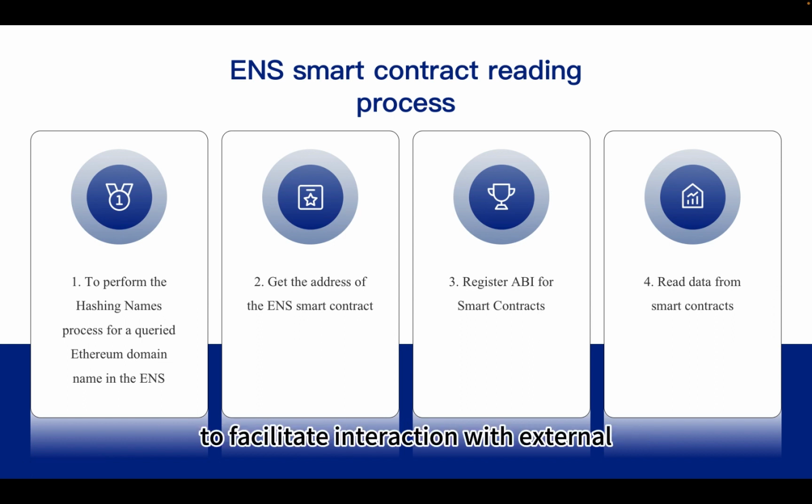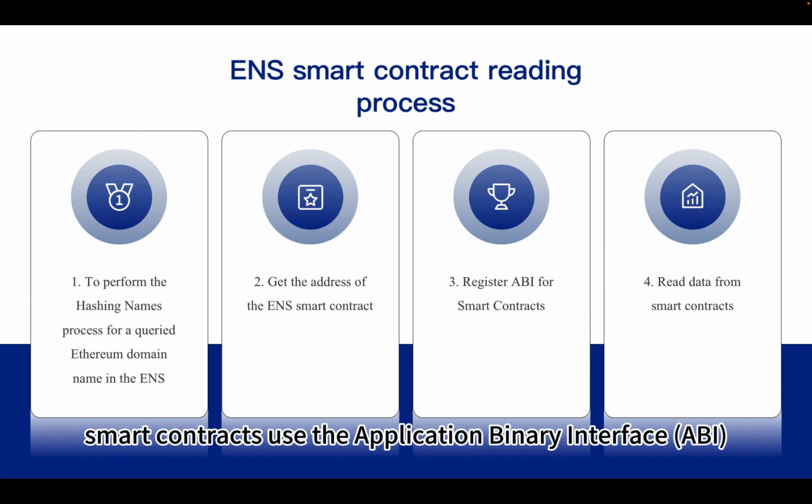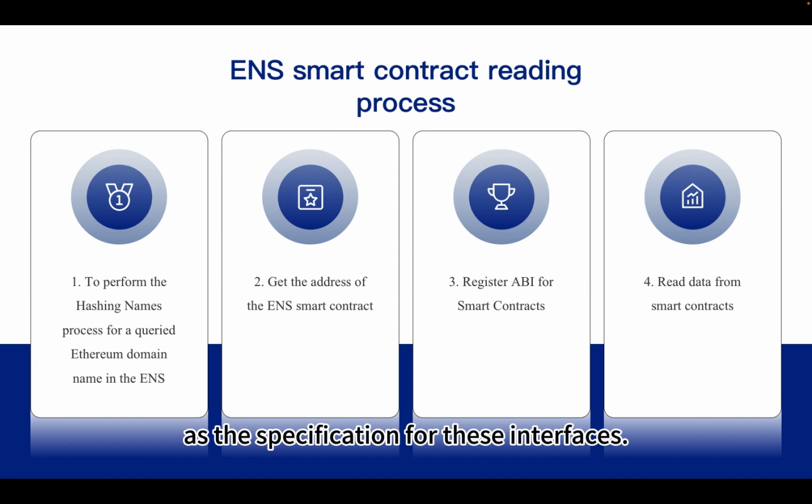To facilitate interaction with external applications, smart contracts need to define an interface. On Ethereum, smart contracts use the application binary interface as the specification for this interface. The smart contract API defines the contract's function interfaces, parameter types, return values, and other relevant information.